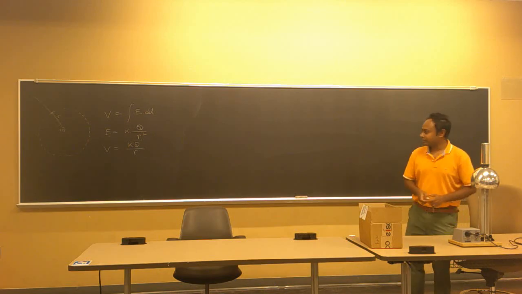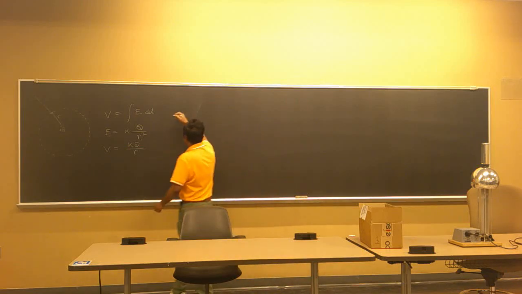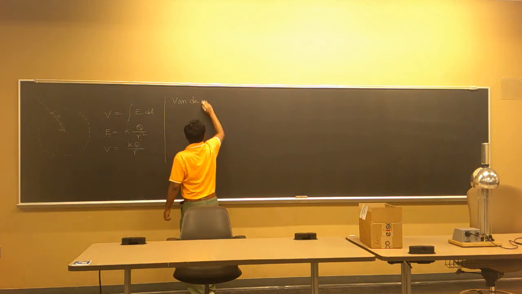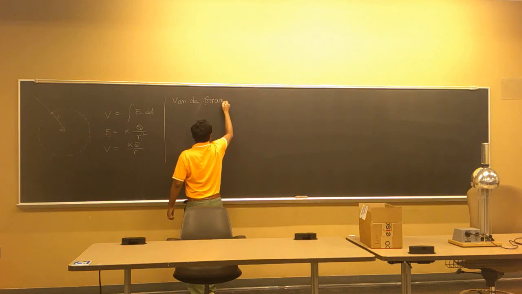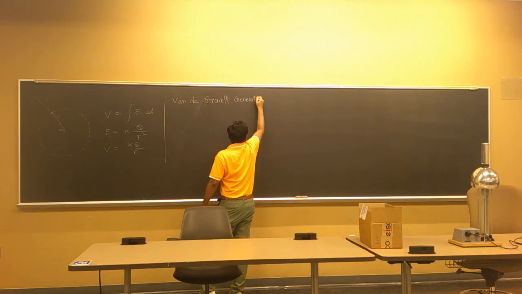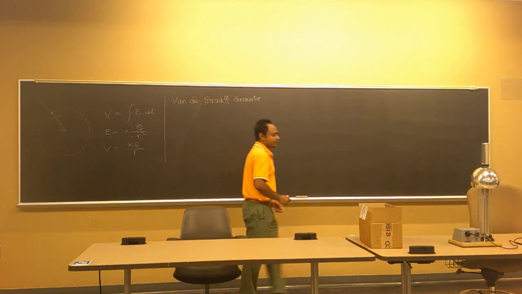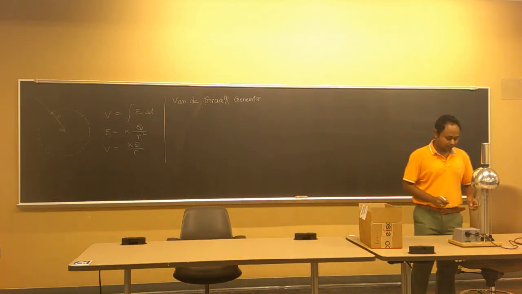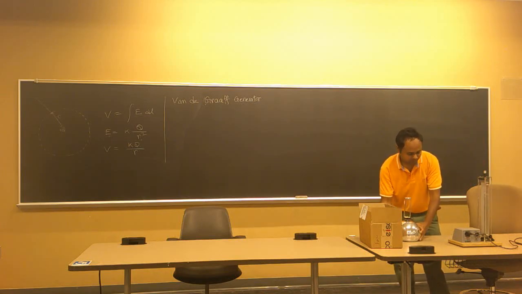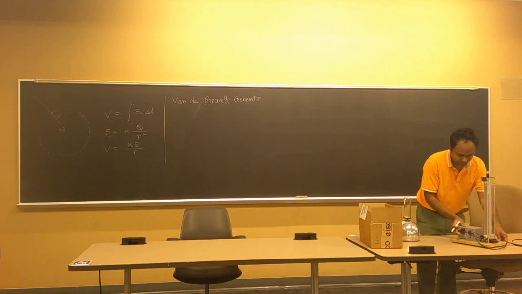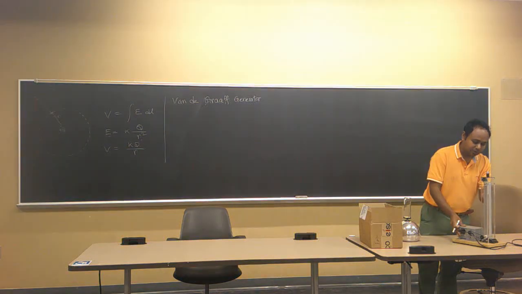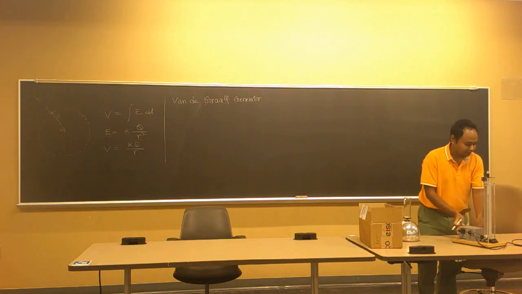What we have here is called a Van de Graaff generator. The way it works is the following: if you take this array, you see that it has a piece of rubber, and that piece of rubber is rotated by a machine.